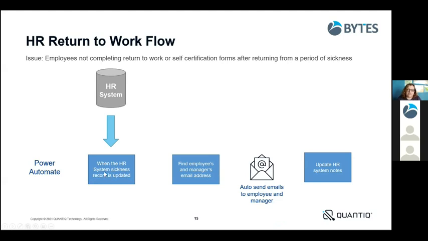The Power Automate then said, well, find me the employee's email address, find me the manager of that employee and their email address. Now send emails to those people and automatically update the HR system with notes to say that that email had been sent and who to and when and all of those things.